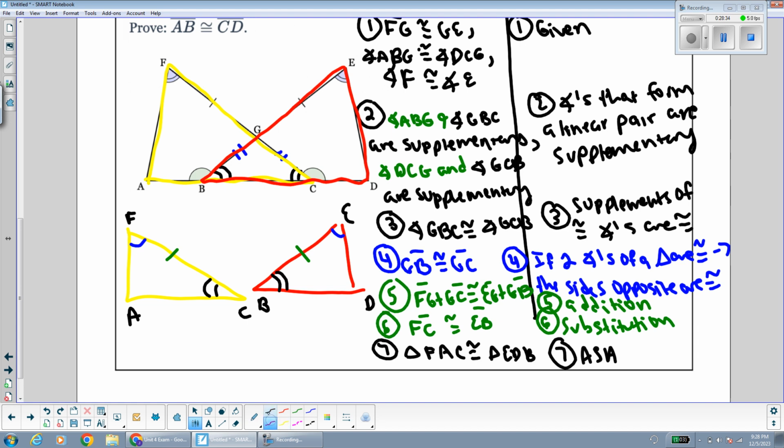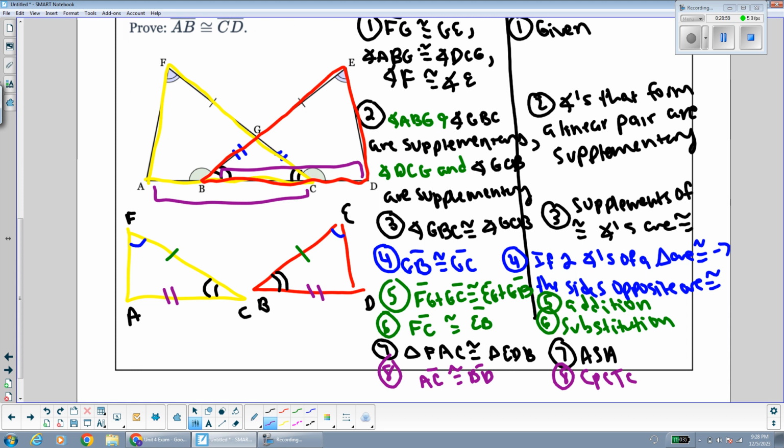And then through CPCTC, we can say that these sides, AC and BD, are congruent. And that's going to help us because our goal is to get information about AB and CD. So AC is this whole side over here. BD is this whole side over here.